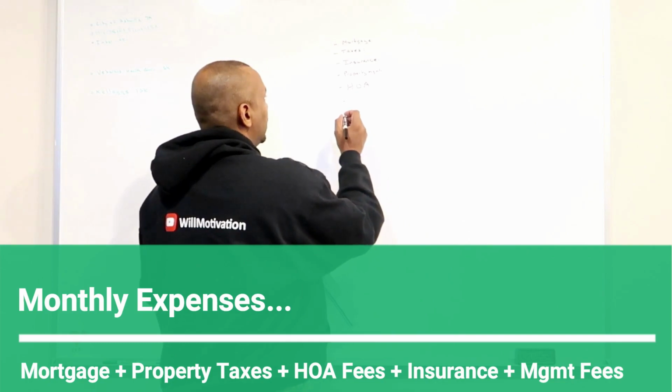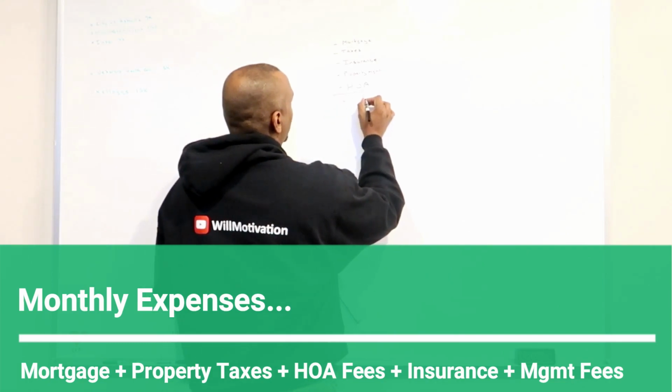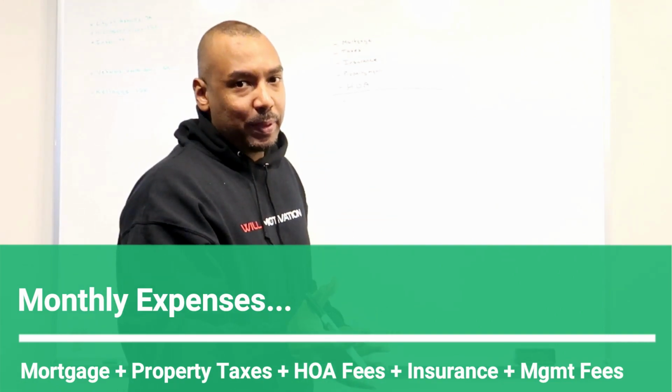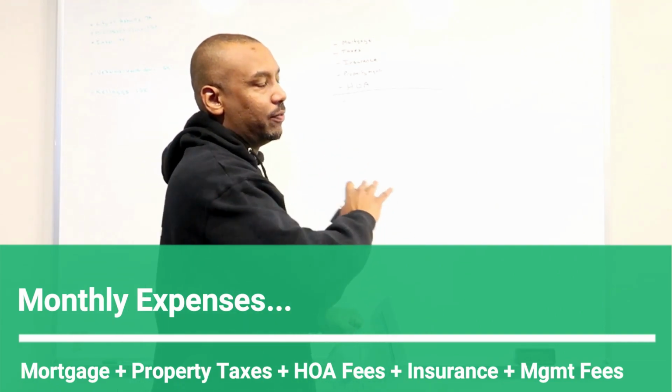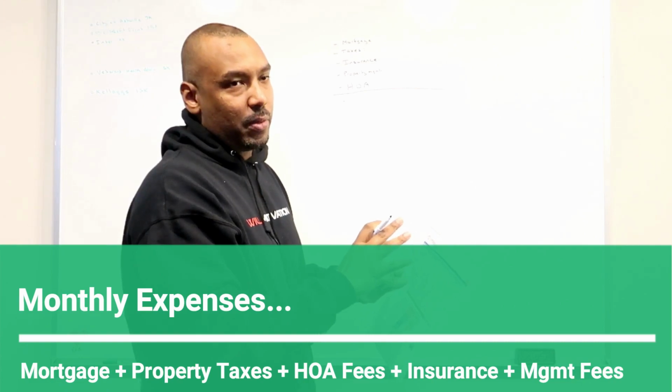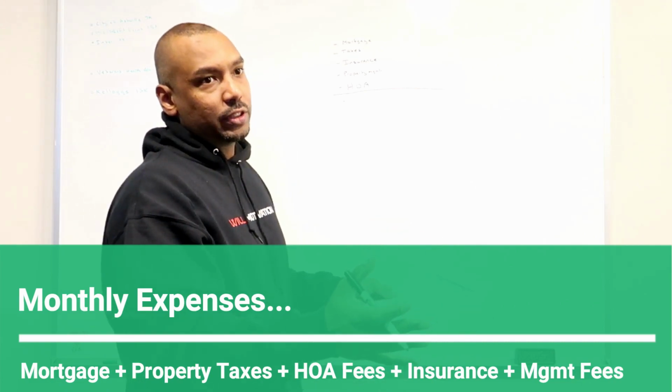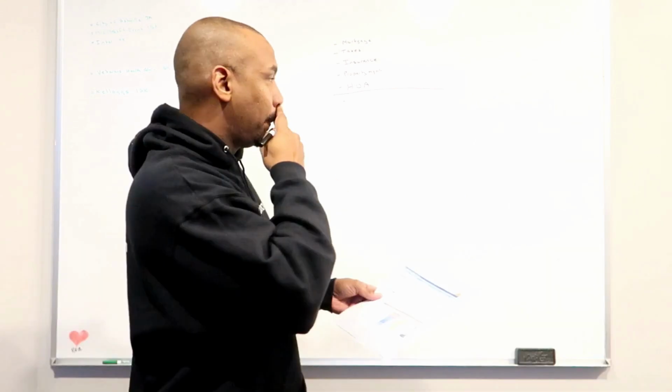So those are going to be your typical monthly expenses. Now sometimes you have unexpected expenses, but for the sake of calculating the monthly ROI, we're going to leave those out because we don't know what they are, and hopefully they'll be zero.